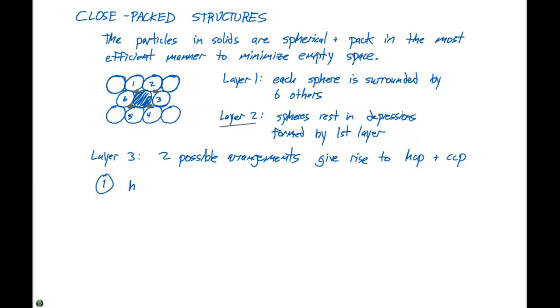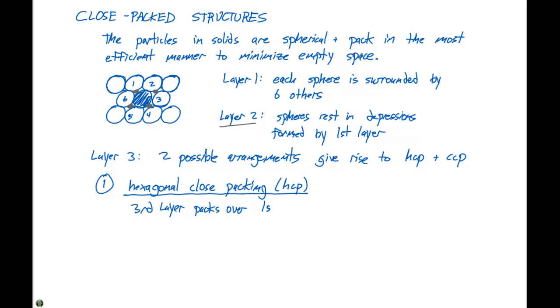The first is hexagonal closed packing, which is abbreviated HCP. And here, the third layer packs over the first layer.